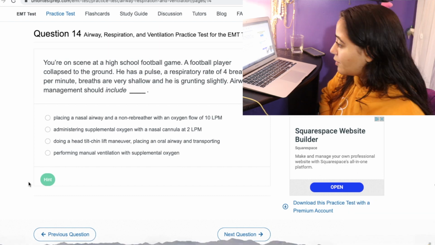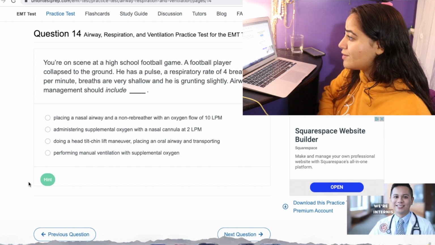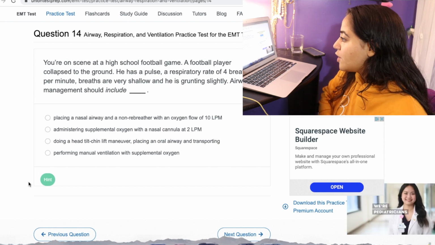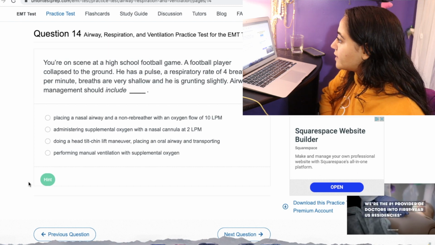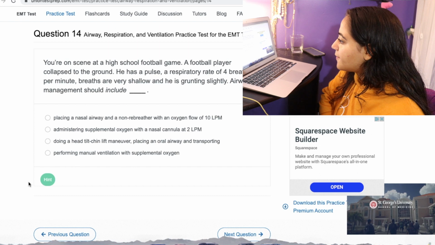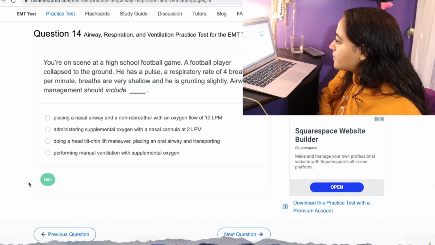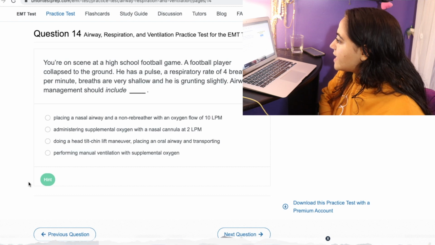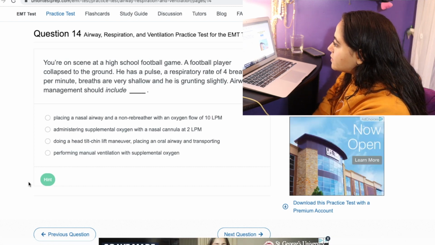I don't see why you need both. Administering supplemental oxygen with a nasal cannula at 2 liters per minute. Okay. Doing a head tilt chin lift maneuver, placing an oral airway and transporting. Yeah, he's on the ground. Okay. Performing manual ventilation with supplemental oxygen. Is he unconscious?